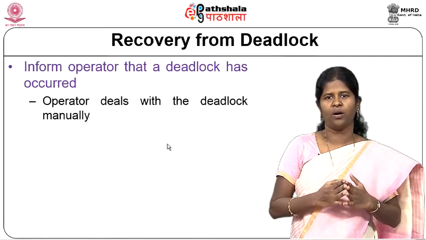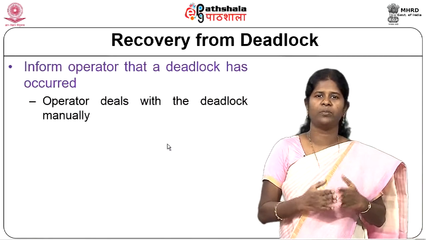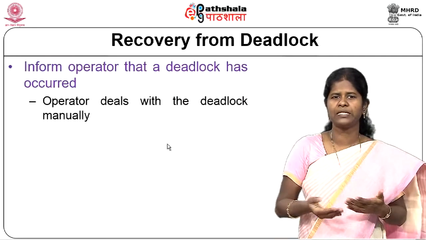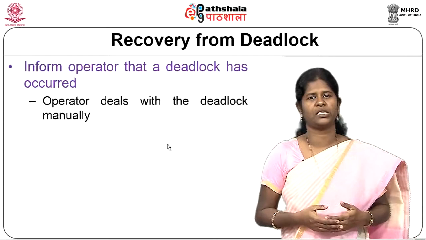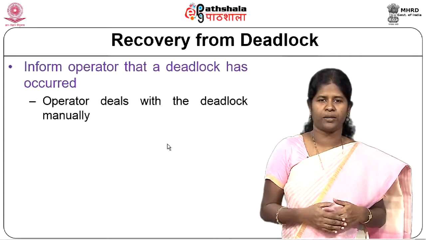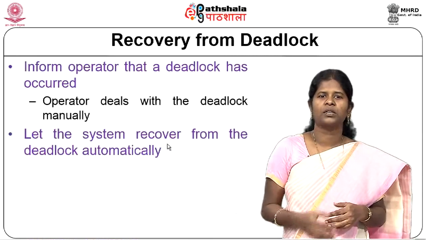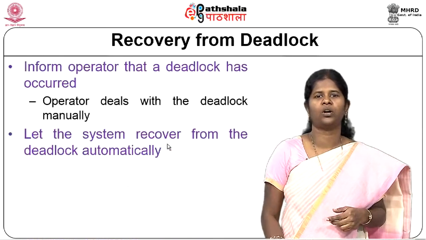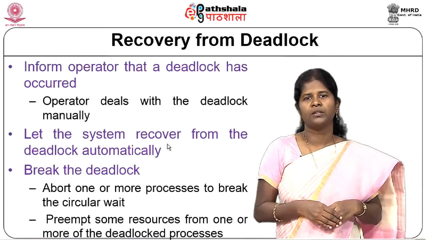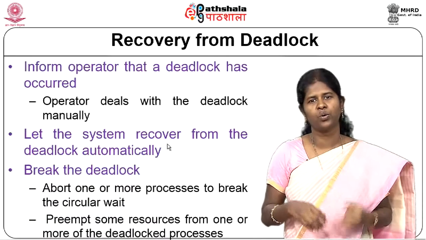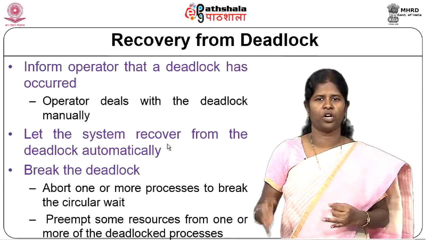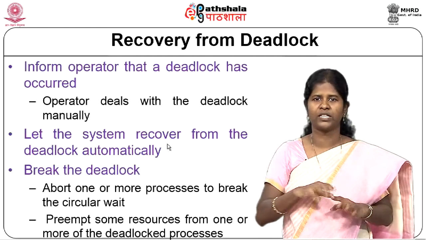Now, once you have detected deadlocks, you need to be able to recover from them. The simplest thing is to inform the operator that a deadlock has occurred, and the operator can deal with the deadlock manually. Or you can let the system recover from the deadlock automatically, by breaking the deadlock. For breaking the deadlock, there are two ways. One is to abort or kill one or more processes, so that the circular wait will be broken.